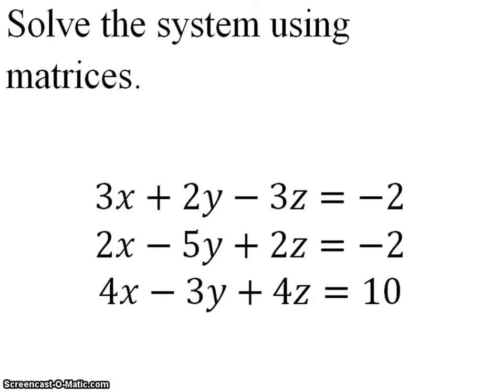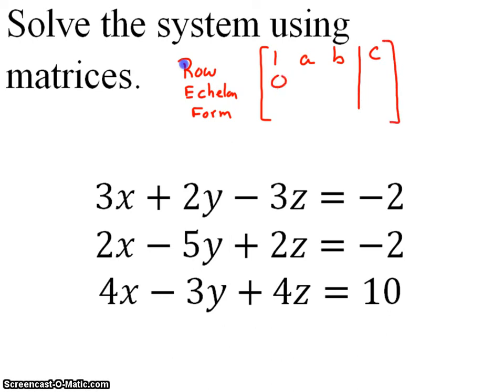Okay, in this video we're going to be solving this system by using matrices. Now we're only going to go as far as writing the system in row echelon form. So just to remind you what row echelon form looks like, it is a matrix, an augmented matrix, in which the diagonals are all ones.